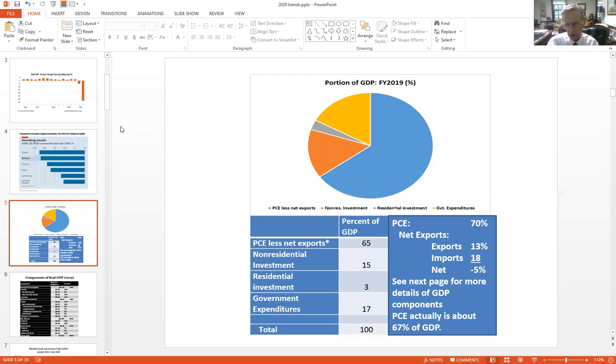You know, this is a consumer economy where we depend upon consumer markets for our economy, although the non-residential investment section certainly is not trivial at 15%.